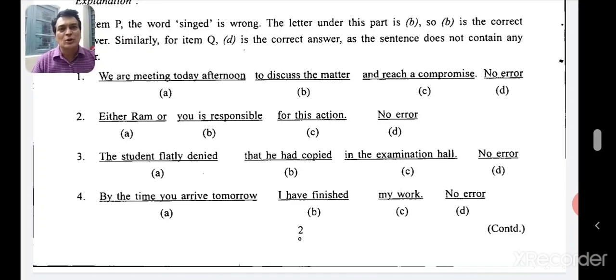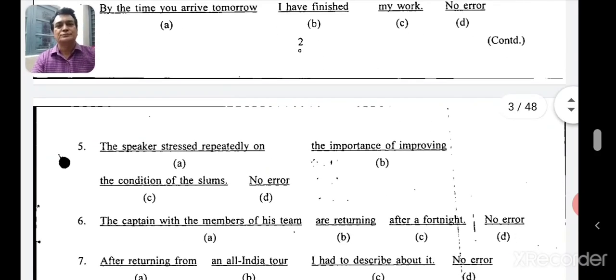So the next clause has to be in the future tense. So the sentence will be, by the time you arrive tomorrow, I will have finished my work. So the error is in B. So let's go to the fifth one.